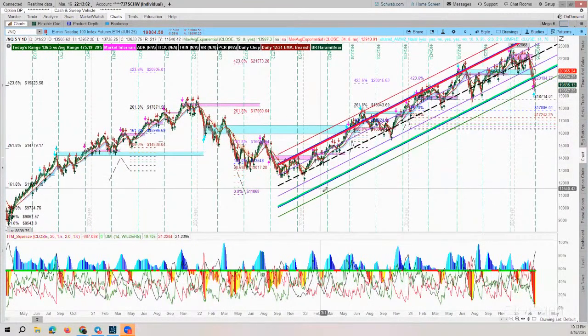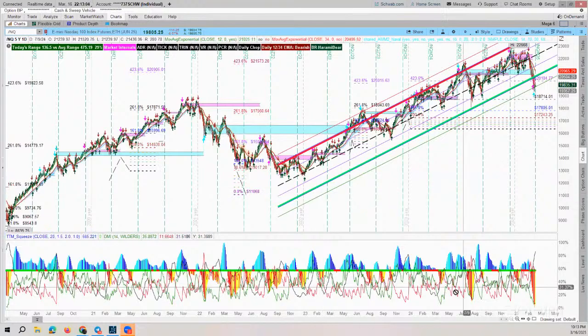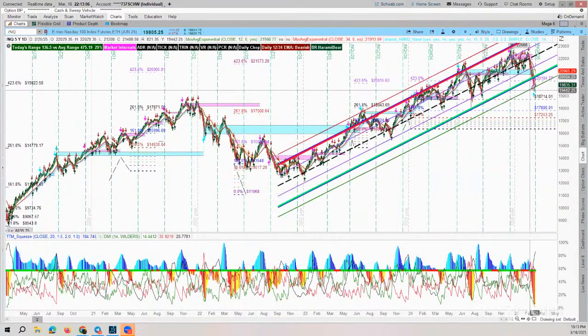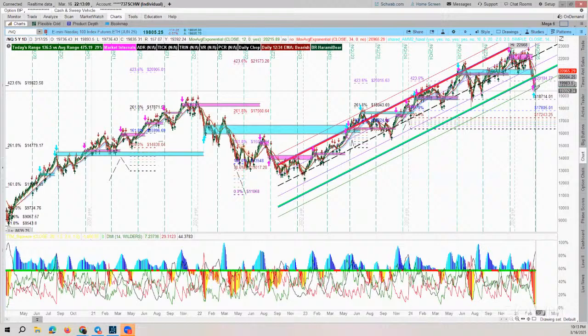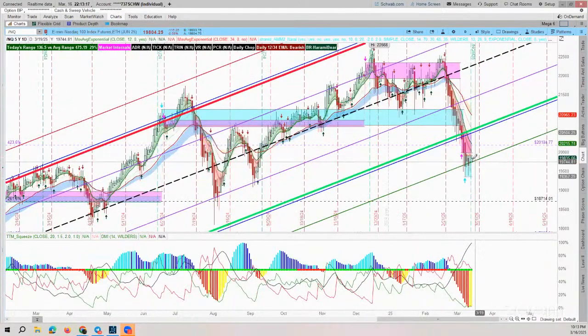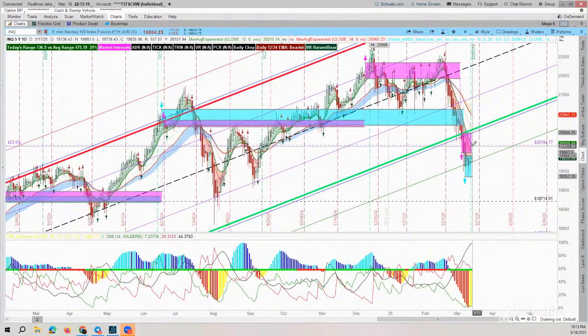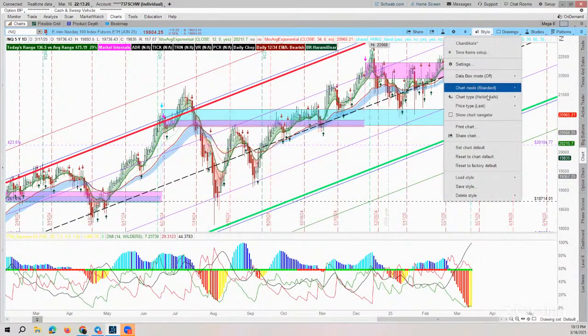We might actually go even below these levels. This is a very, very important level. Otherwise, we are coming to 17,800, which is roughly 2,000 points from here. So this backtest and breakout is really, really needed. Otherwise, panic would come and panic will substantially hit the stocks.